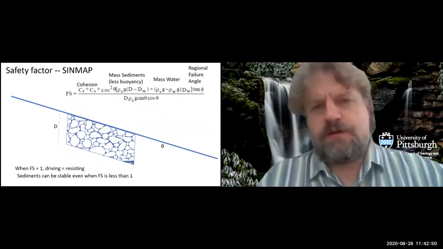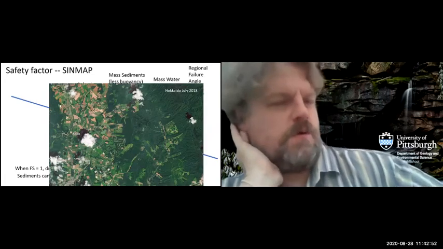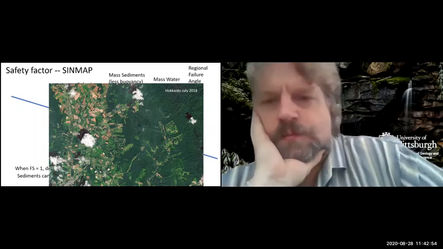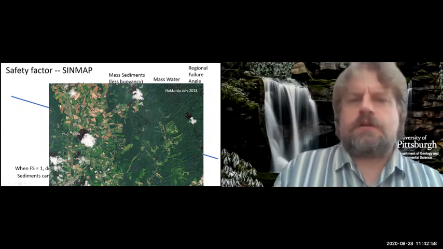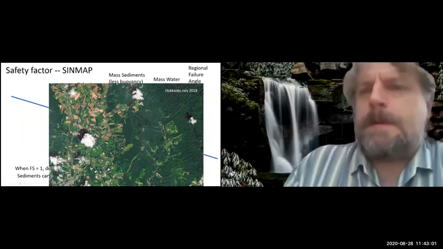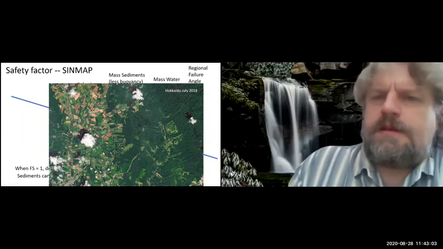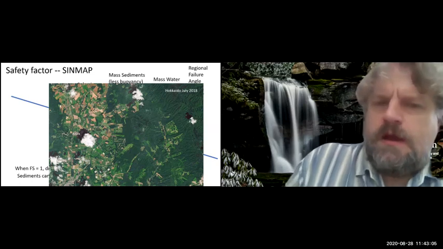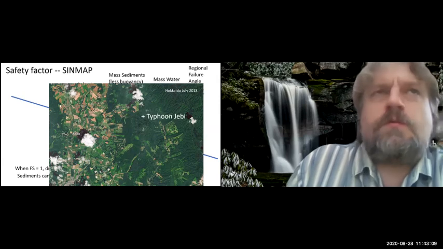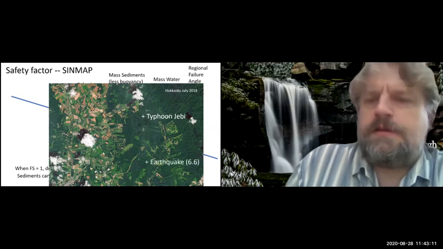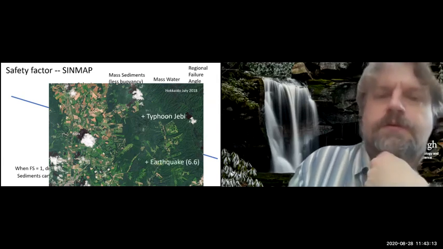And I want to show you another of my favorite examples. It's not local, but it's just mind-blowing to me. This is a Landsat image from the USGS Earth Observation System of Hokkaido, the northern island of Japan, in July of 2018. And soon after this image was taken, Typhoon Jebi came through, really got that area wet. And then there was a 6.6 on the Richter scale earthquake.